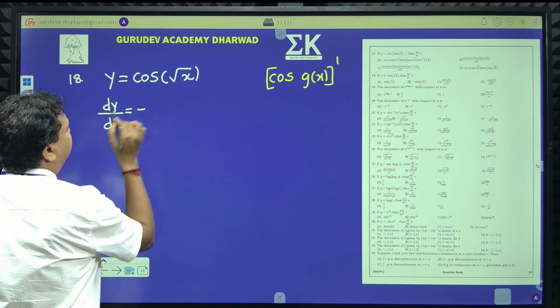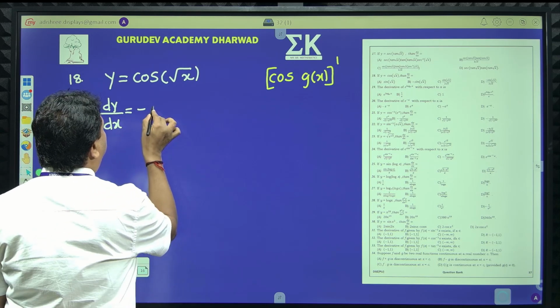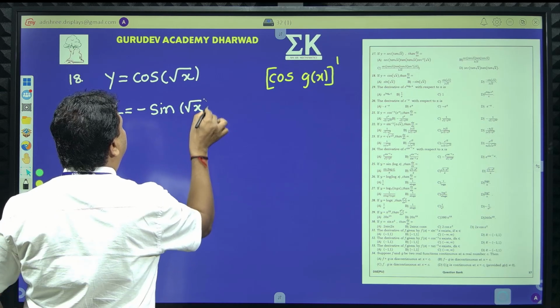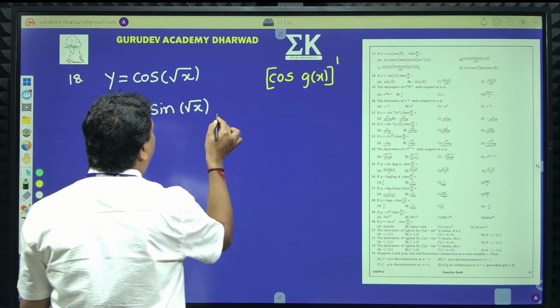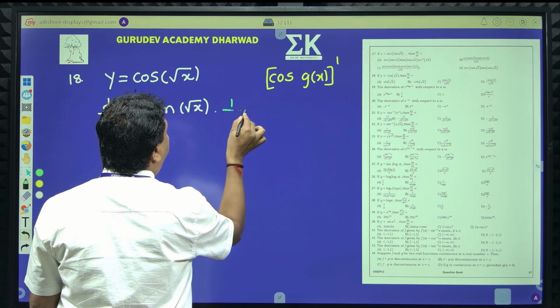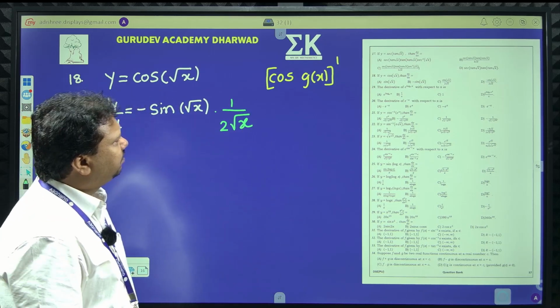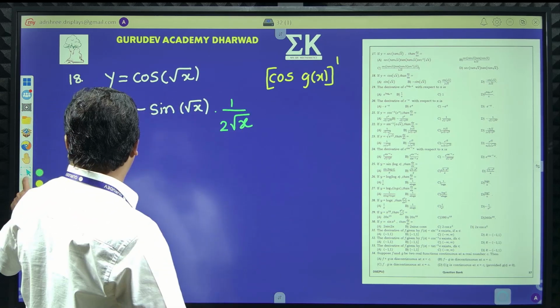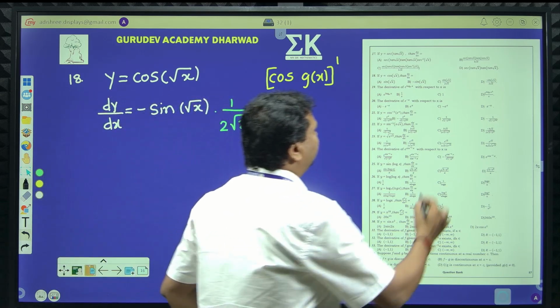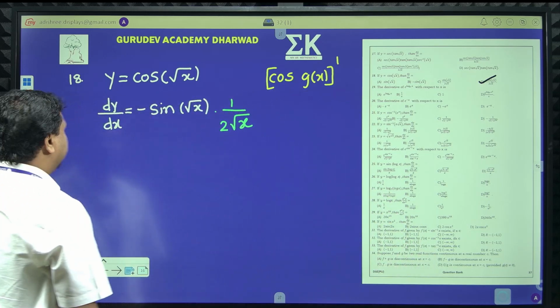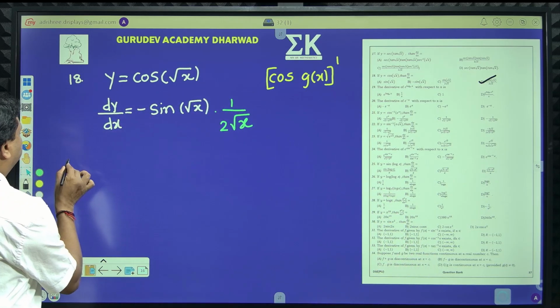Minus sin g of x into g dash of x. That is minus sin root x into differentiation of root x, which is 1 divided by 2 root x. So, minus sin root x divided by 2 root x. I will go with option D as the right answer.